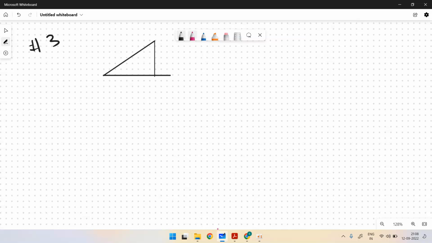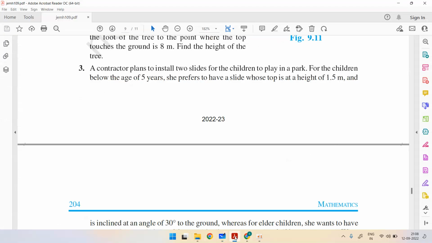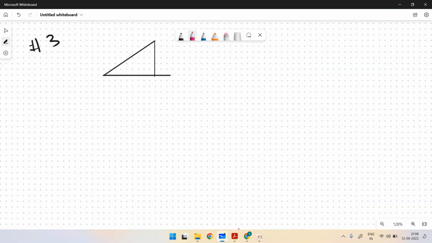She's saying that this is for below 5 years age, so this height needs to remain at 1.5 meters.